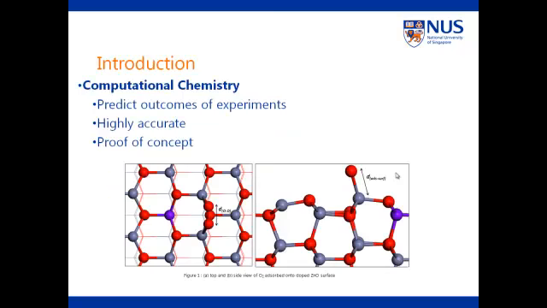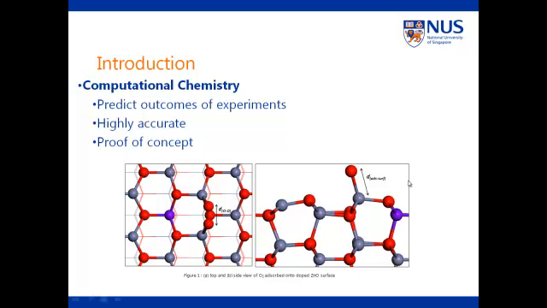Now, computational chemistry is able to predict the outcome of experiments, and it's able to do it with a high degree of accuracy, and this allows us to prove various concepts that we may have. Using this diagram as an example, we can look at the adsorption of oxygen on metal oxide surfaces.